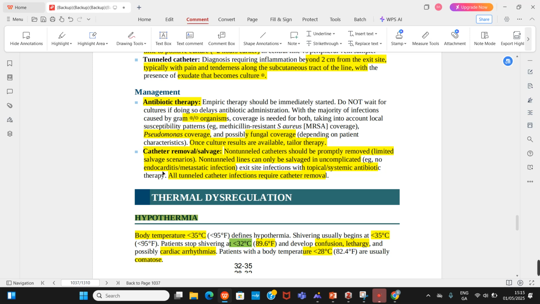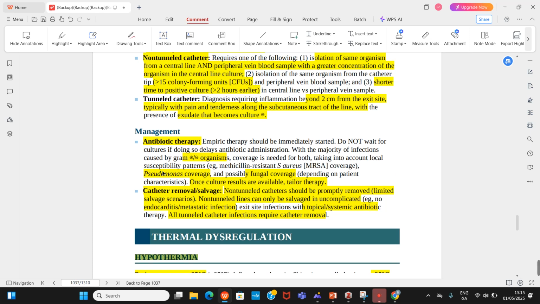Because one of the complications of CLABSI is what? Infective endocarditis. You can have the biofilm in the catheter travel to the heart, settle on the valves and the endocardium, and cause infective endocarditis.